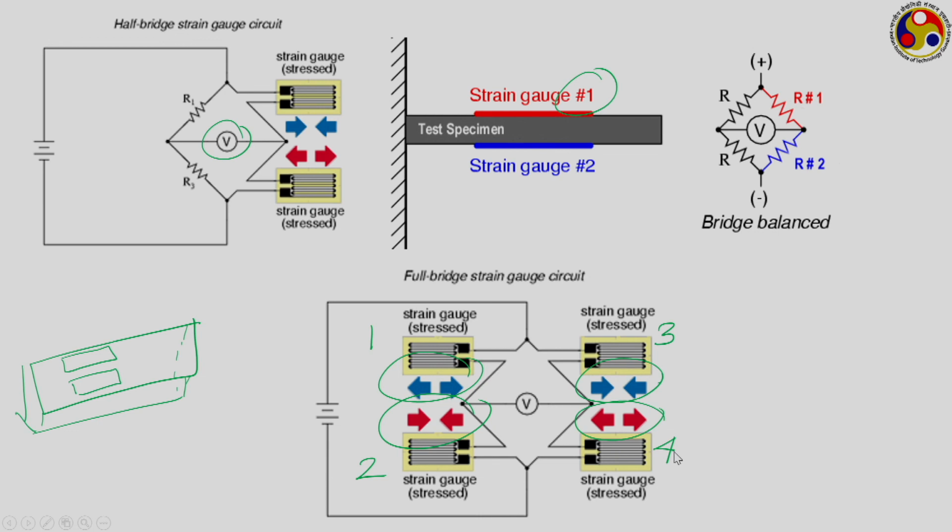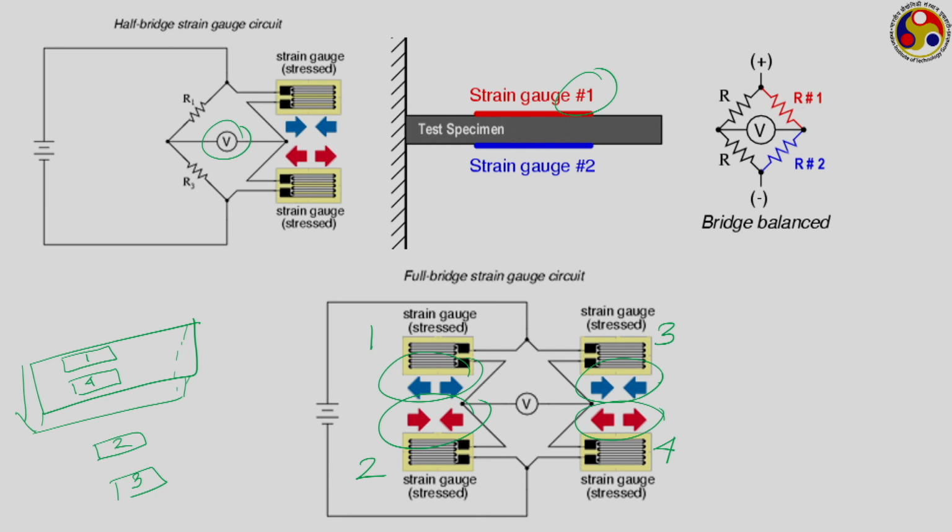So, your 1 and 4 are mounted on the same side, and on the opposite faces you have 2 and 3. So, 1 and 4 will sense the same kind of loading, whereas 2 and 3 will sense the opposite kind of stress.